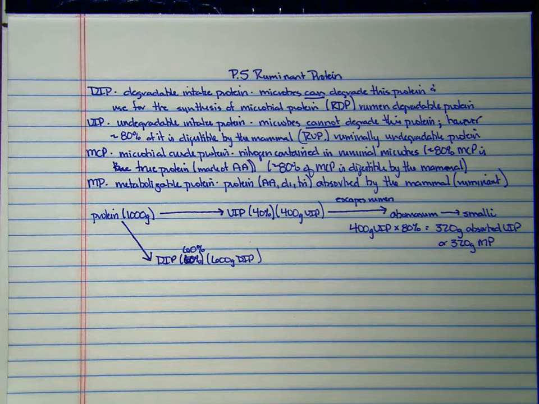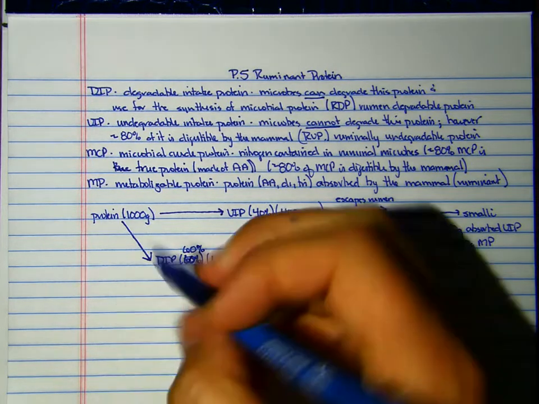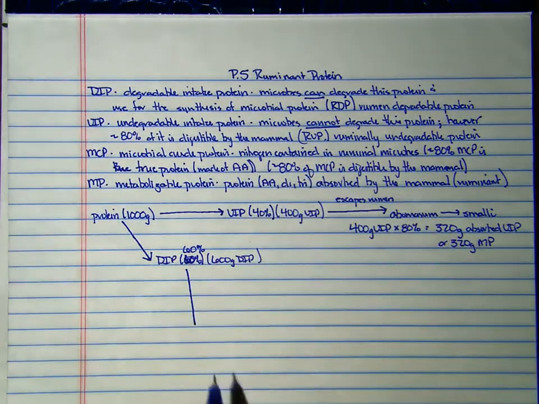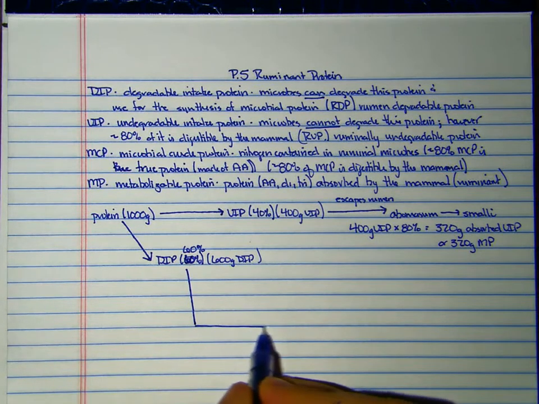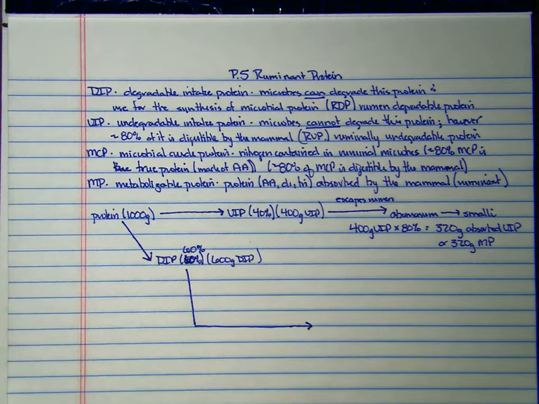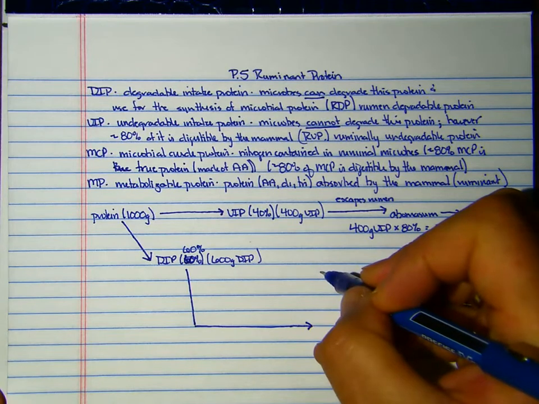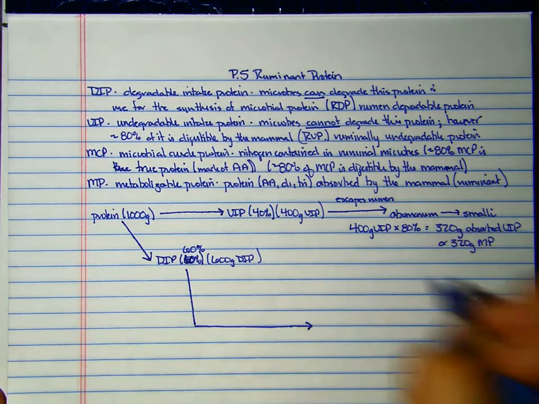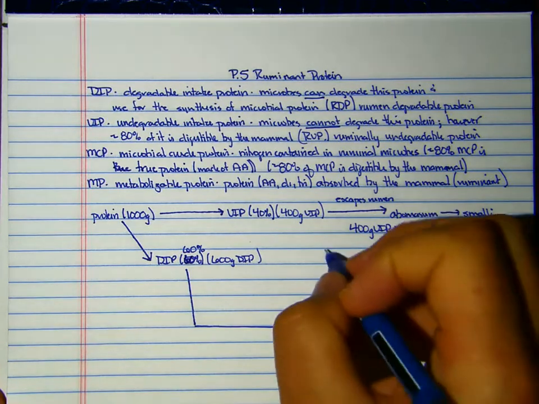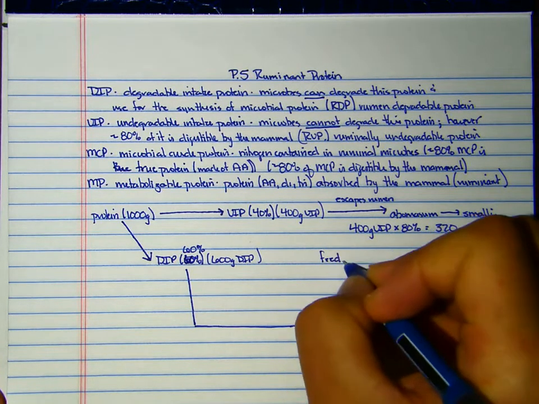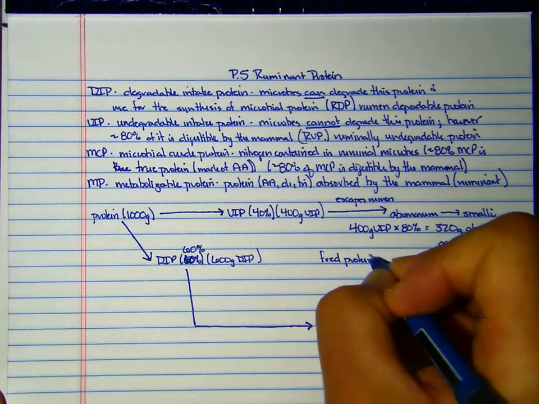Okay, DIP is going to be more complicated because the microbes are going to interact with it, so we're going to have to draw a somewhat complicated little deal. When we feed DIP, we can have feed protein. You can actually feed them an entire protein.